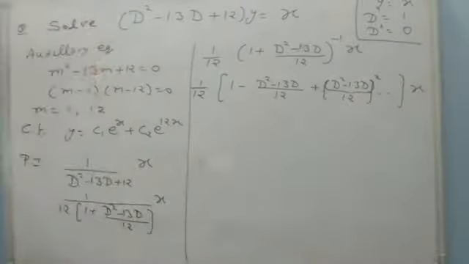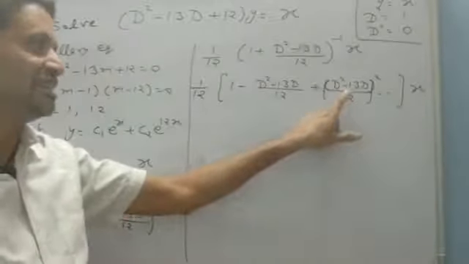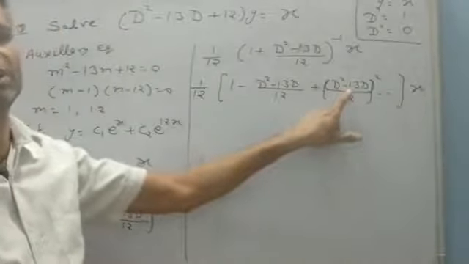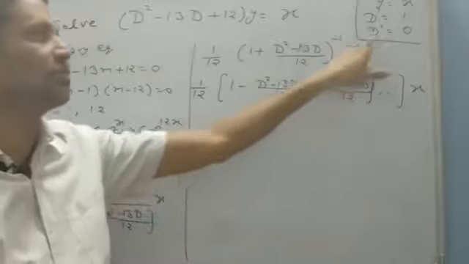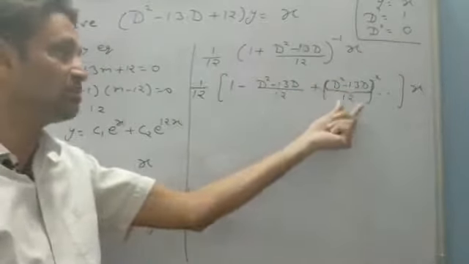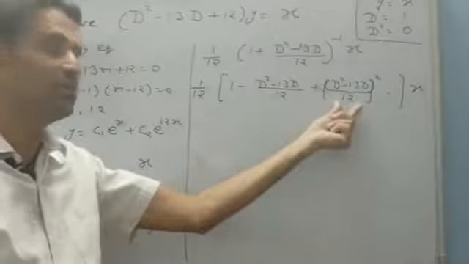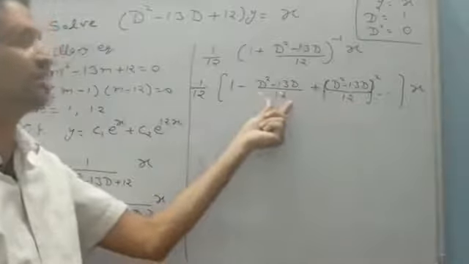As I can see here, when I expand it, there is a minimum power of D square we will get, and the D square will become 0. So it means for this particular part, the derivative will always be 0. So why will we use it? I just take this term only.